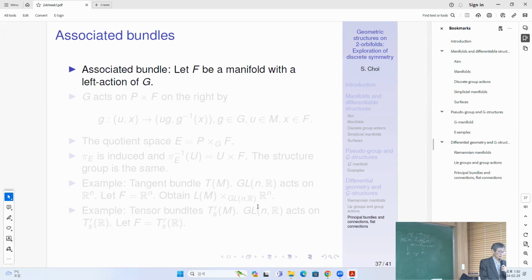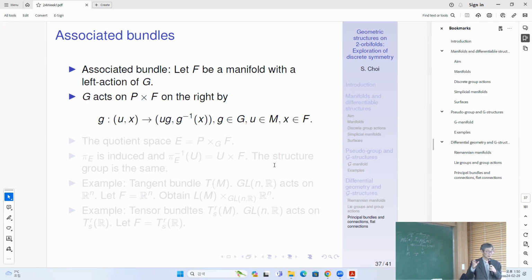Once you have a principal bundle, then you can define an associated bundle. So let's say F is a manifold with a left action here. Then you can take P times F, and then you can act on the right by g, sending (u, x) to (ug, g inverse x), where x is an element of F. I think that's to make this into a left action.